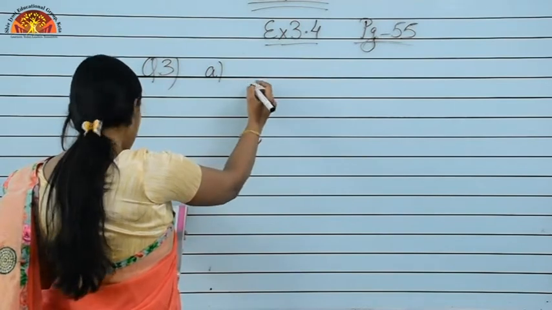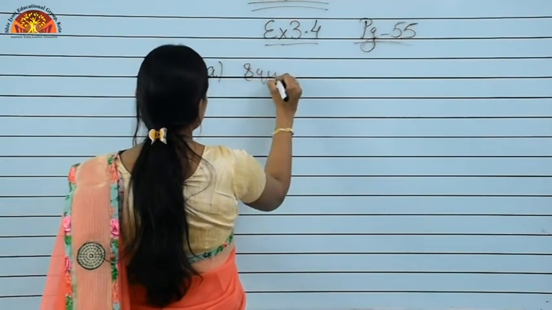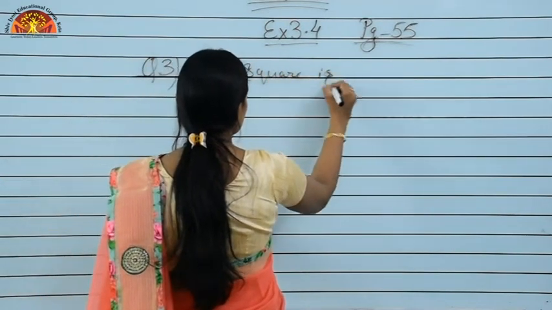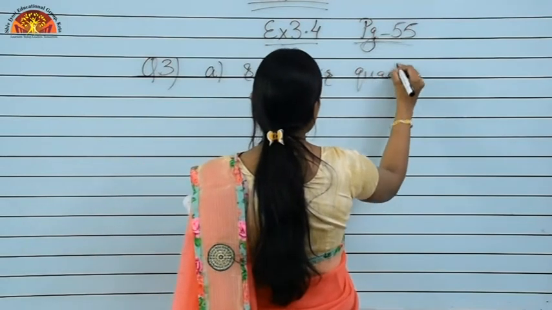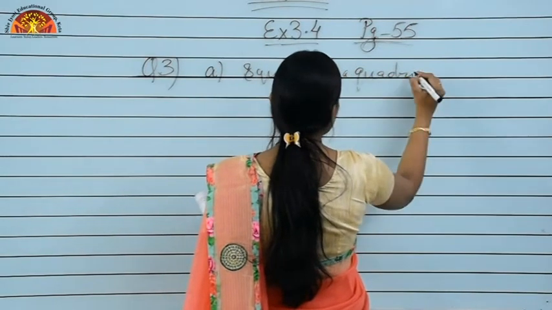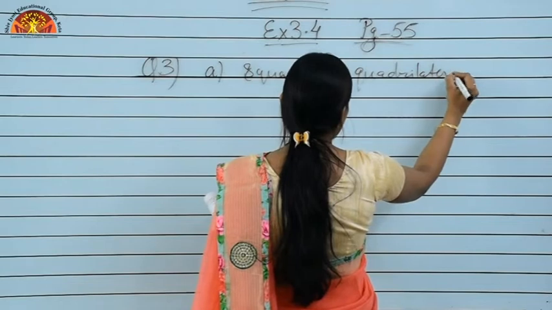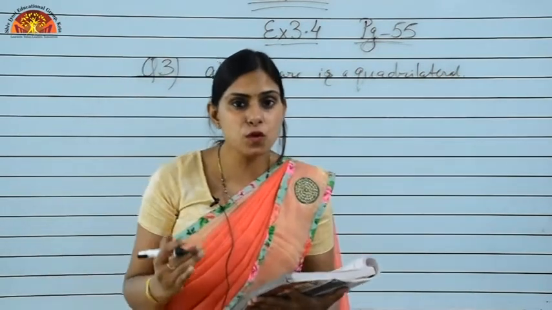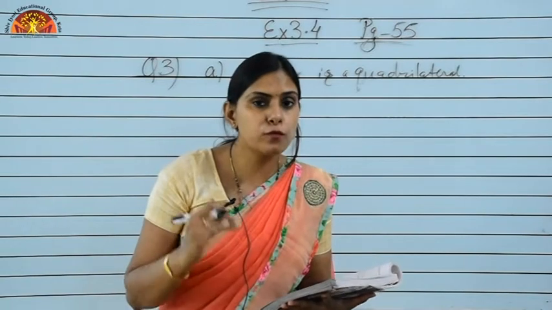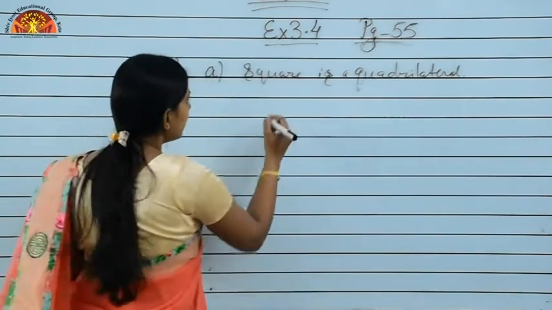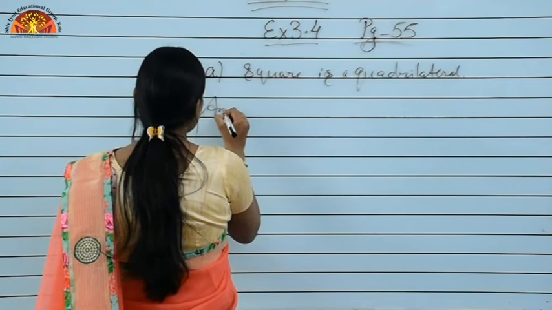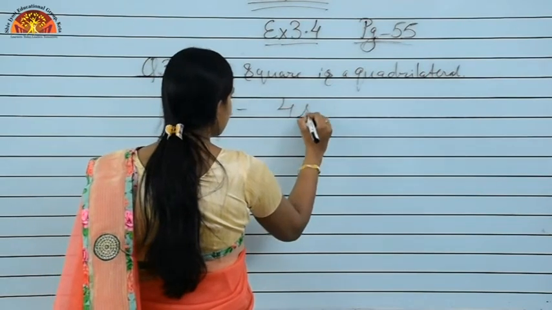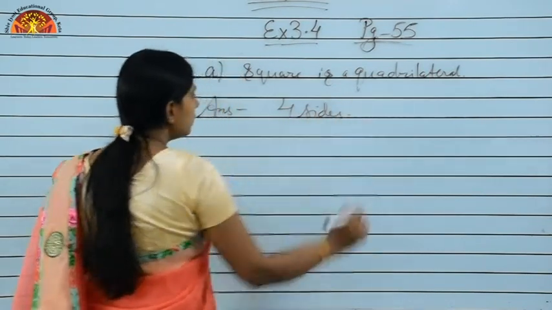Now why is a square a quadrilateral? Because the square has 4 sides. Because a square has 4 sides, that is why it is a quadrilateral. So your answer is, the reason is because it has 4 sides.